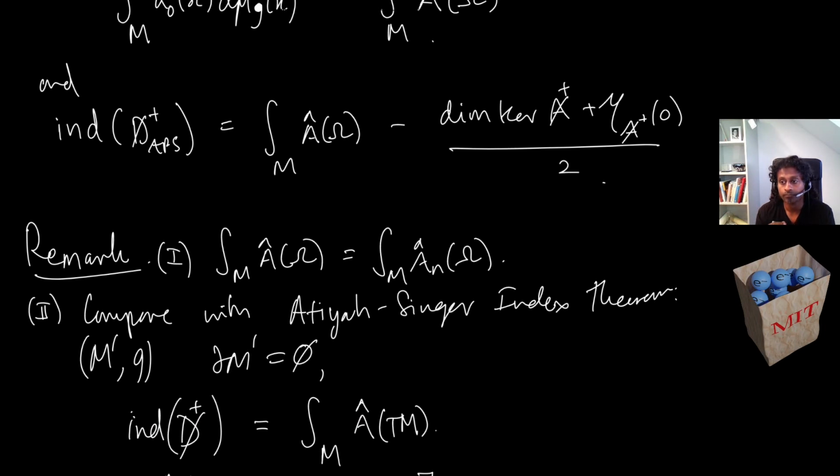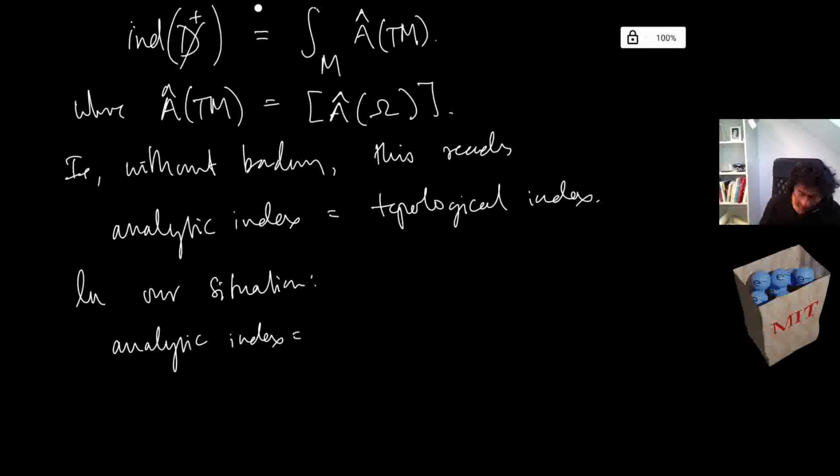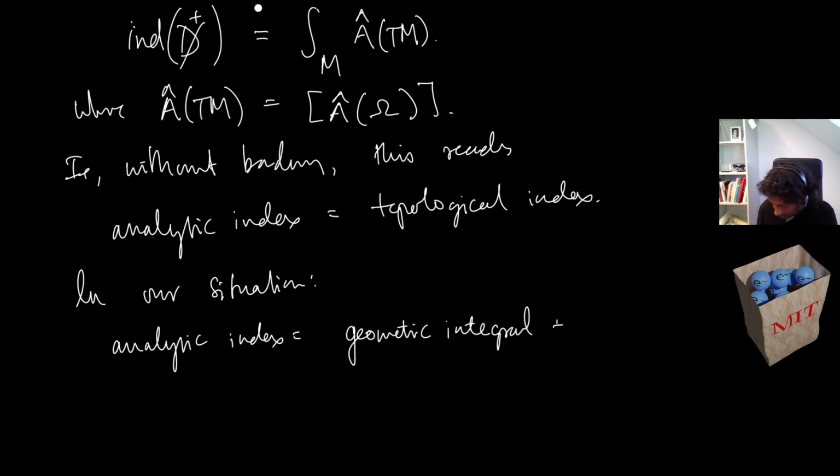So it is a definition. Okay, so for us, what happens is we read that analytic index is equal to a geometric integral plus boundary contribution.